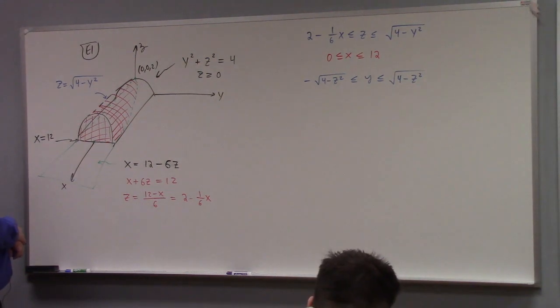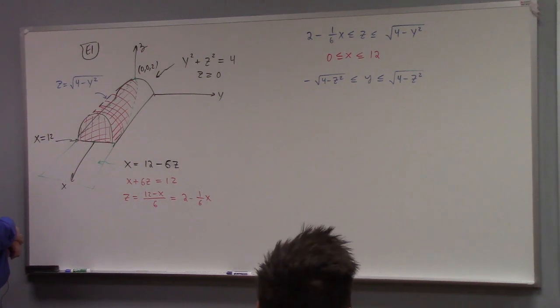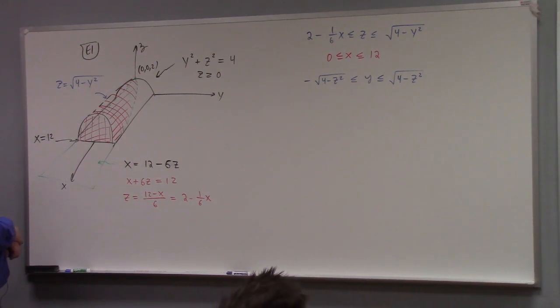You also need the intersection. So at the base of the cylinder, why does it go all the way out to the sides? Yeah, let me think about this for a second. So that's your y. Y is going between.